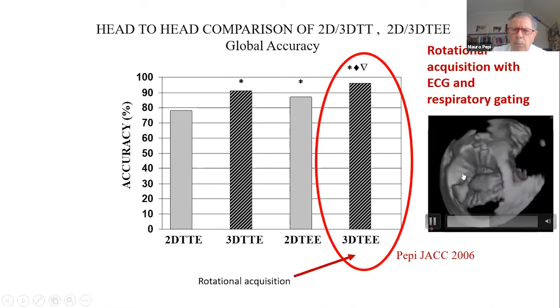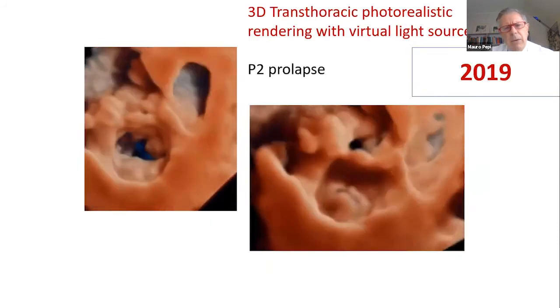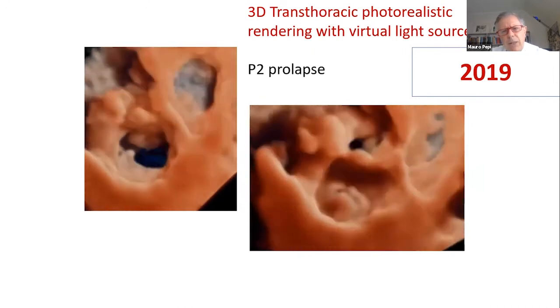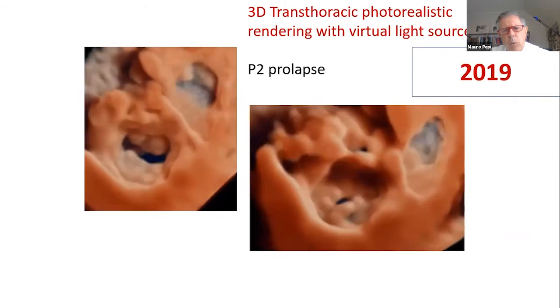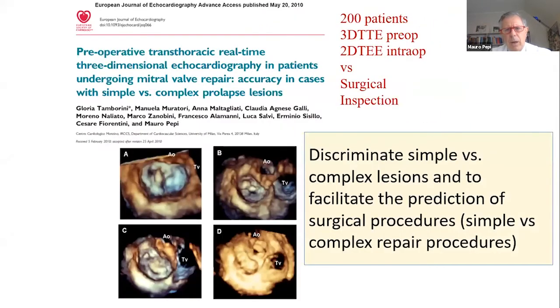But what's more surprising is that we have 90% with the old technique, which was the 3D TEE, very similar to the 2D TEE. This was confirmed later on by several papers. And nowadays, with this new transillumination and photorealistic rendering, we may see very nicely this is a P2 prolapse and other cases.